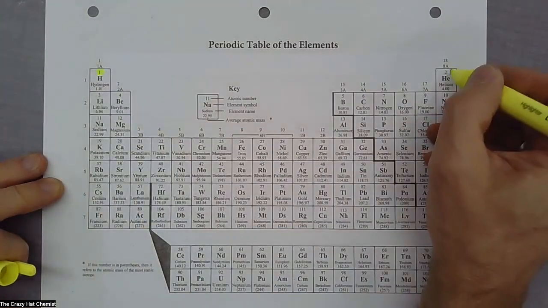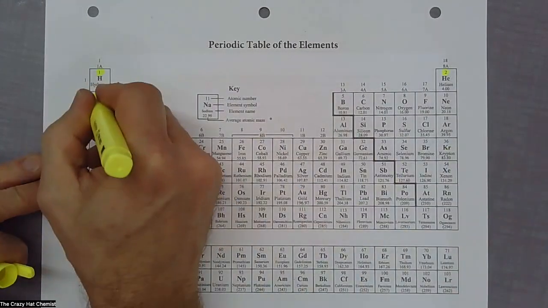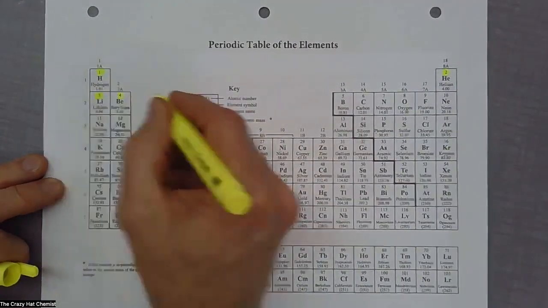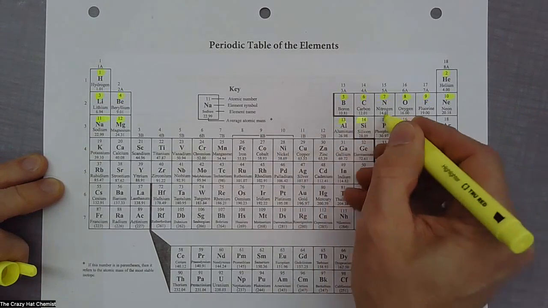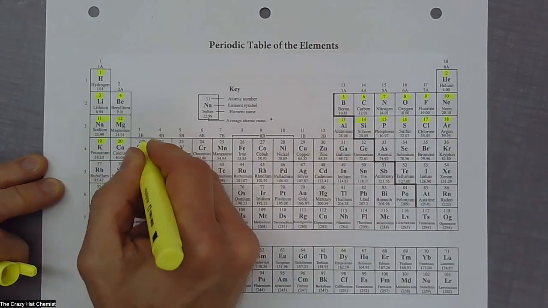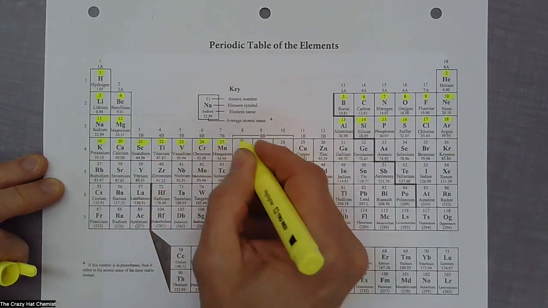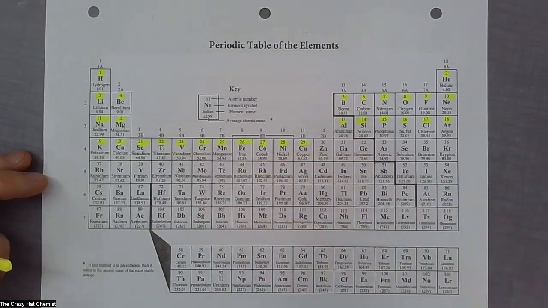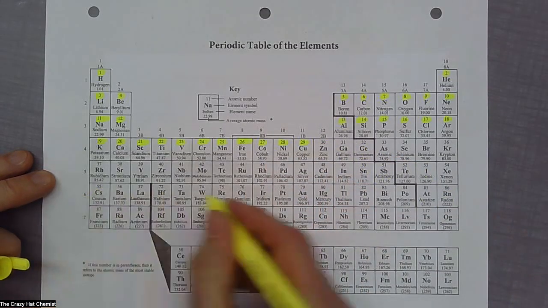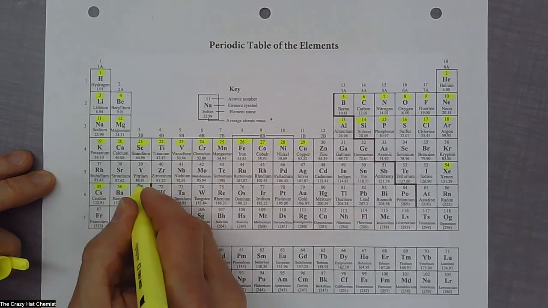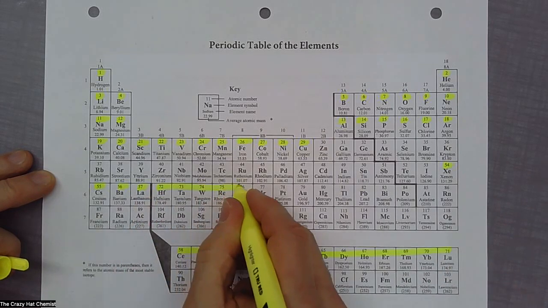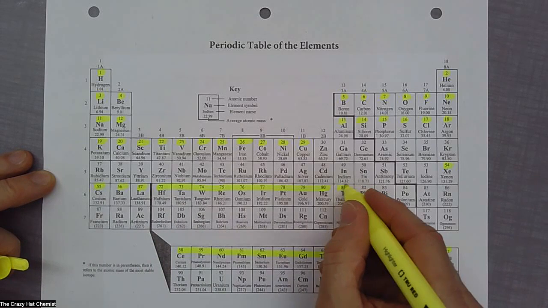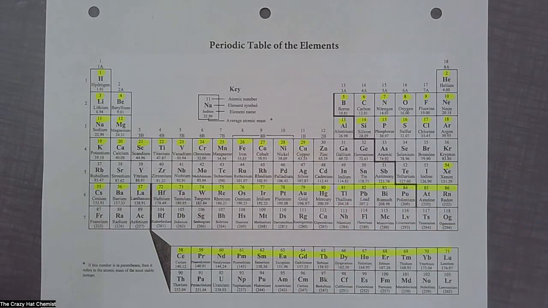So atomic number 1, hydrogen, 2, helium, 3, lithium, and let's continue on here. 4, 5, 6, 7, 8, 9, 10, 11, 12, 13, 14, 15, 16, 17, 18, 19, 20, 21, 22, 23, 24, 25, 26, 27, 28, 29, etc. It even continues, for example, 54, 55, 56, 57, 58 through 71, and then 72, etc., all the way to 80, and then all the way to 86, and it keeps on continuing. So this is a thing of beauty, how the periodic table is organized.